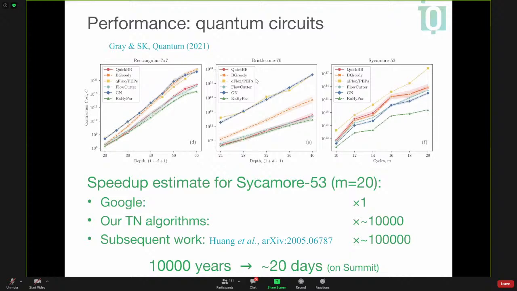Now, this weight matrix typically is dense. So doing operations on dense matrices is time consuming. Could there be a way to instead replace that dense weight matrix with a sparse object, like a tensor network? And the answer is yes, but the way to get there is tricky.